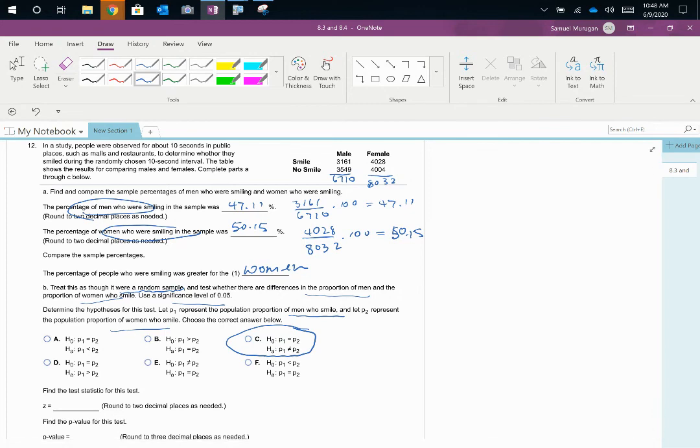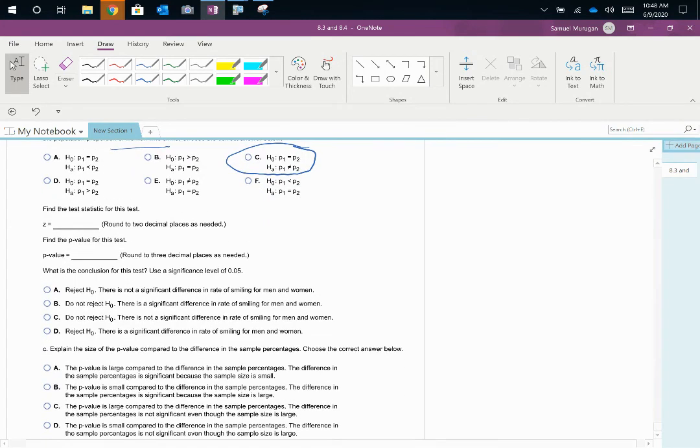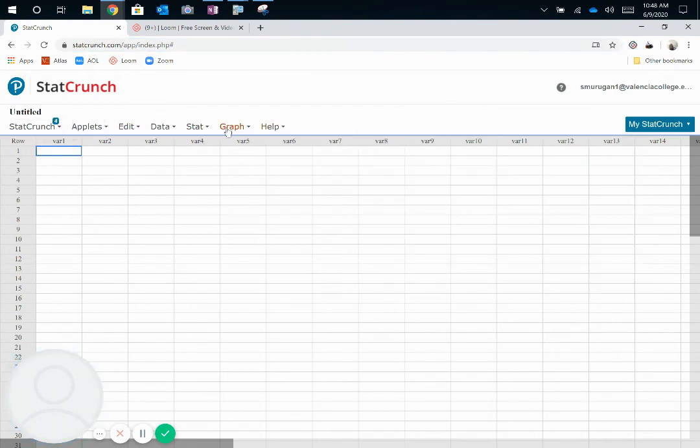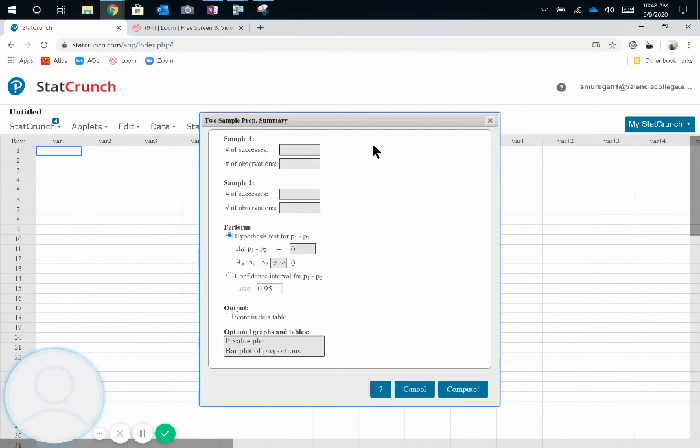So we want to put these numbers into our StatCrunch program, 3161 over 6710 and 4028 over 8032. Okay, we're going to put them in because we need to get the z-stats and draw and interpret the results. So let's head for StatCrunch. Let's do this from scratch again. It's easier to just go ahead and type in. So stat, proportion, stats, do sample with summary.